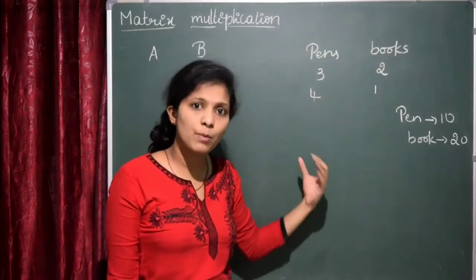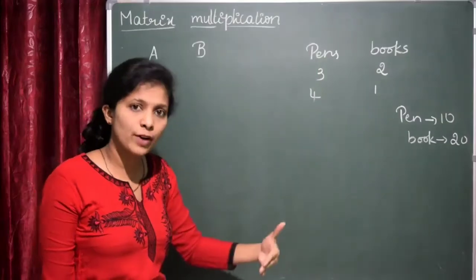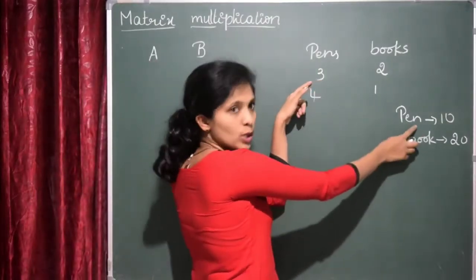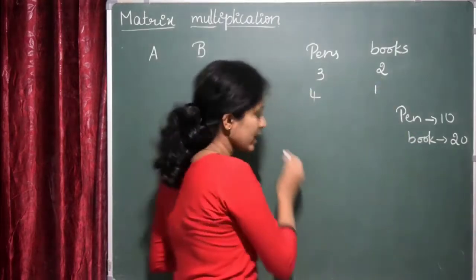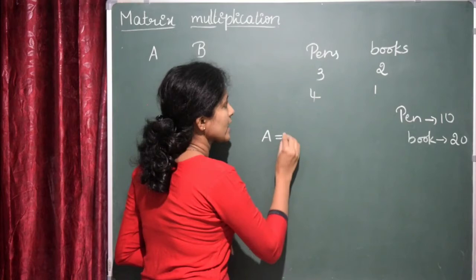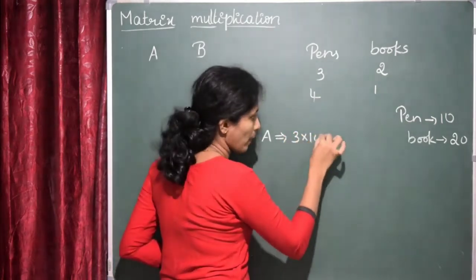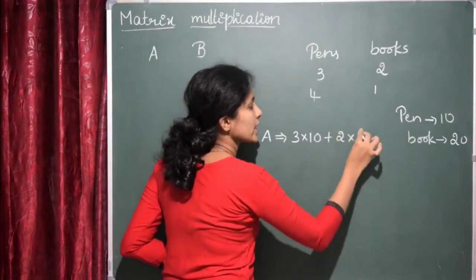Now, how much amount does the first person A have to pay to the shopkeeper? How to find this? You just have to multiply the number of pens into the cost of pen plus the number of books into the cost of book, right? So A has to pay 3, the number of pens, into the cost of pen, 10, plus 2, the number of books, into the cost of book, 20 rupees.